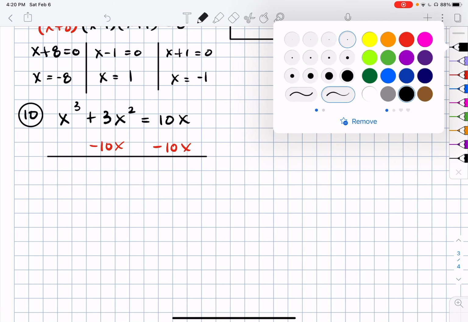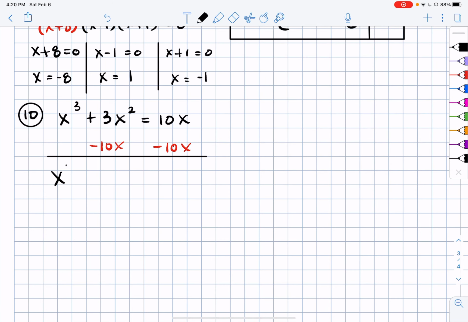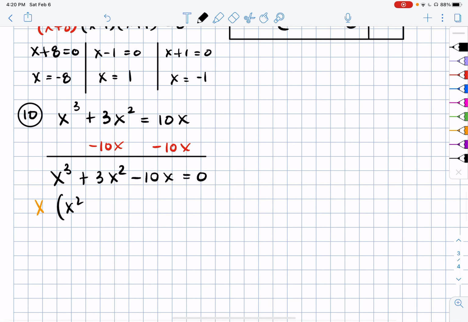Now I have on the left side x to the third plus 3x squared minus 10x is equal to 0. The first step is to pull out the GCF of x, leaving me with x squared plus 3x minus 10 equal to 0.